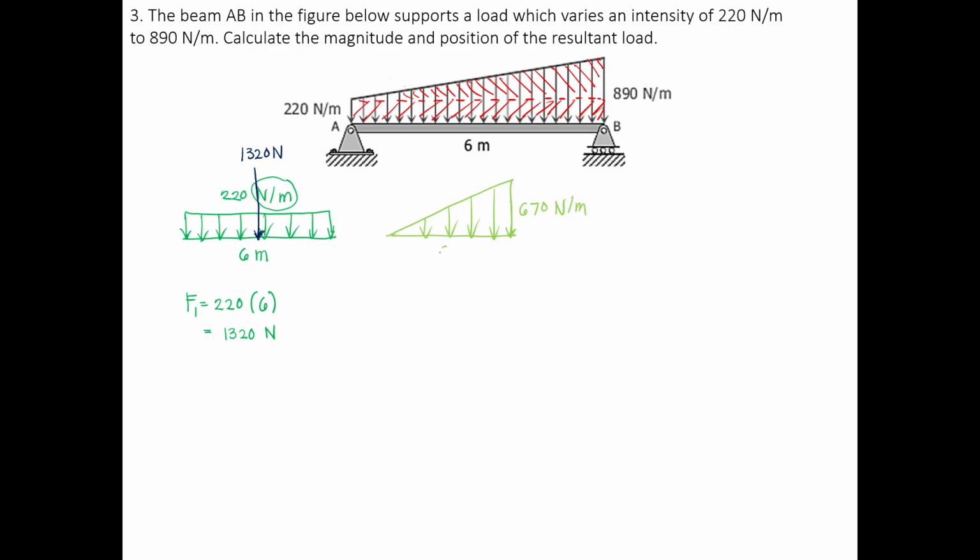Again, let's say this one is 6 meters. So getting the second force from the triangular distributed load, that will be 670 times 6.